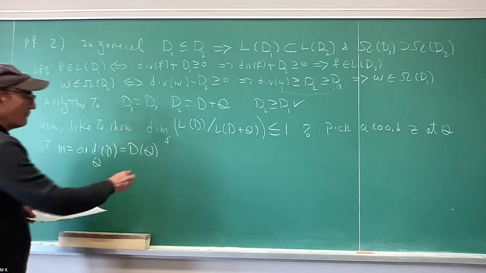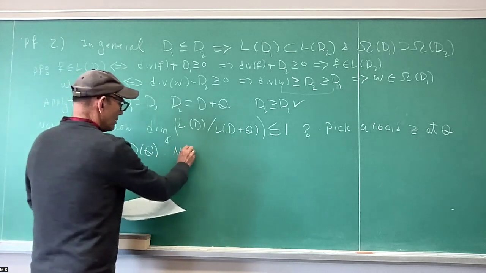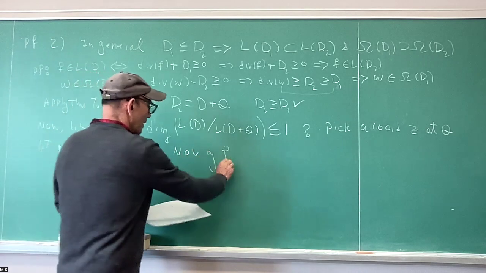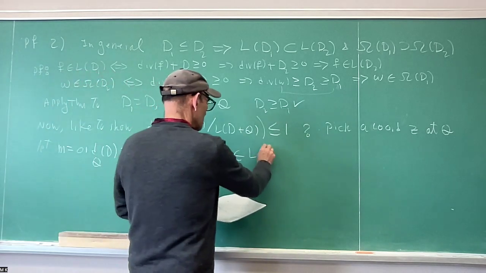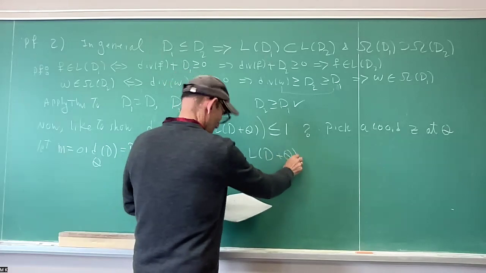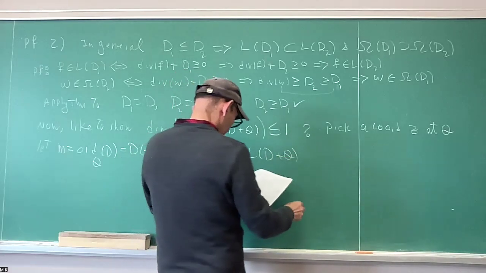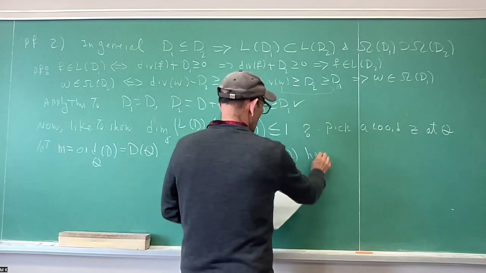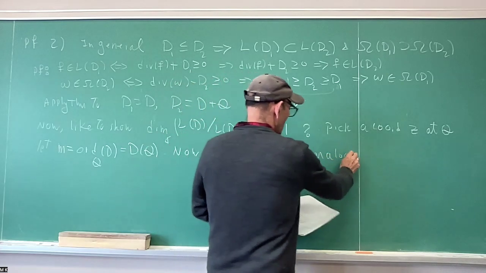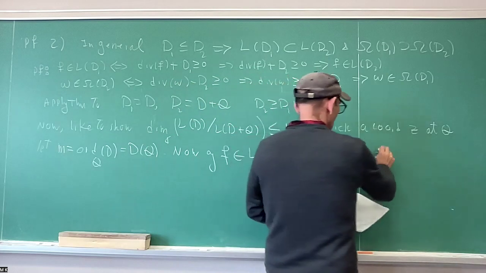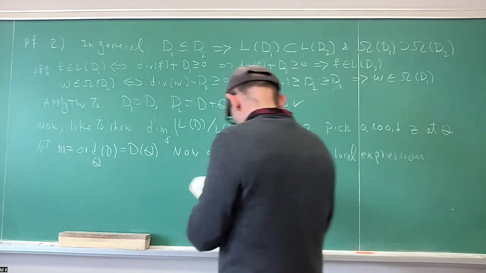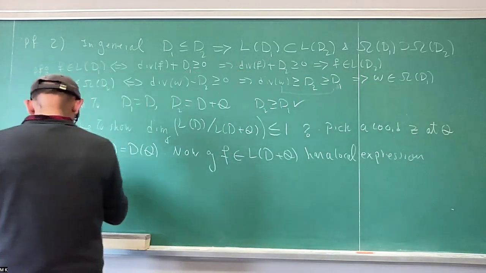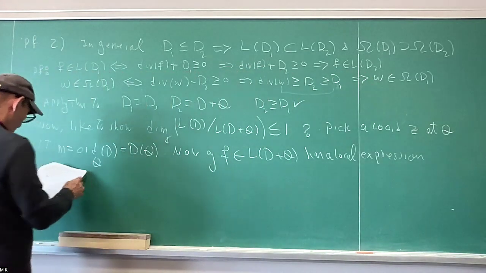So now any f belonging to L of D plus Q has a local expression of the form h of z over z to the power.